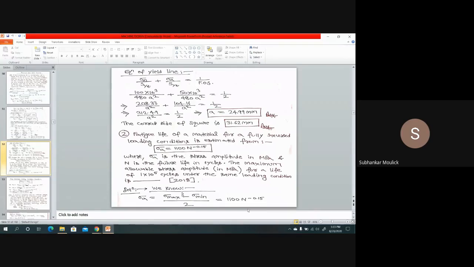Then only you can substitute n as 10 to the power 5 cycles and get the value of sigma max. So how will you substitute sigma mean in terms of sigma max? For that, read the first line of the problem. What do you mean by fully reversed loading condition? What will happen during this condition?